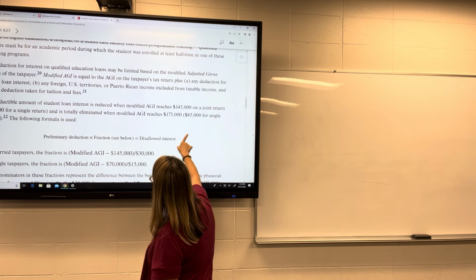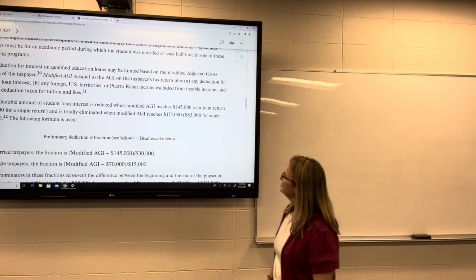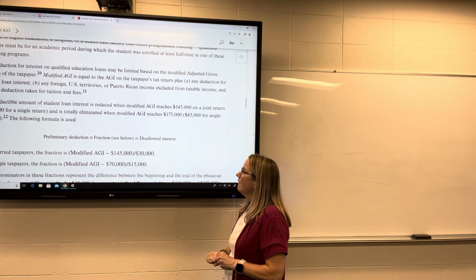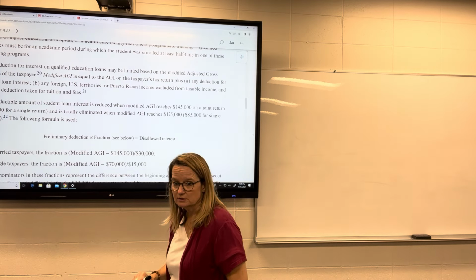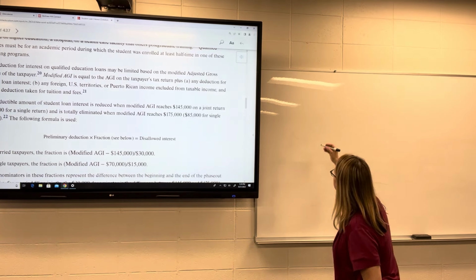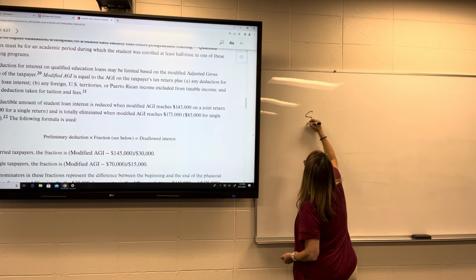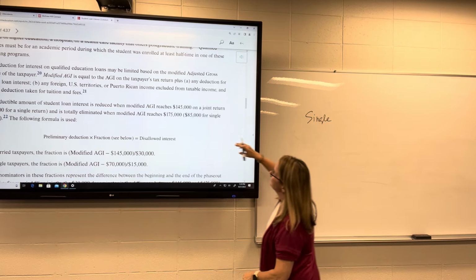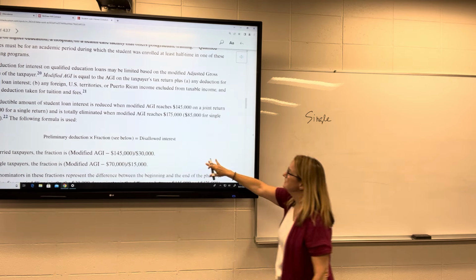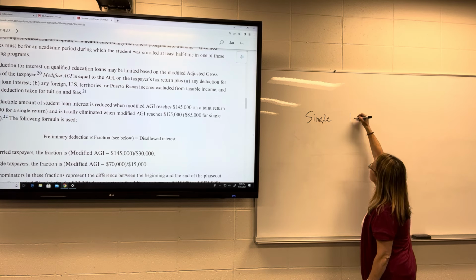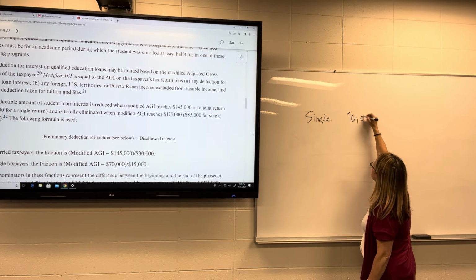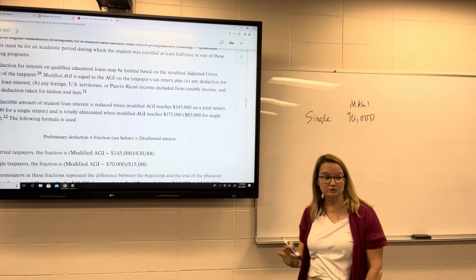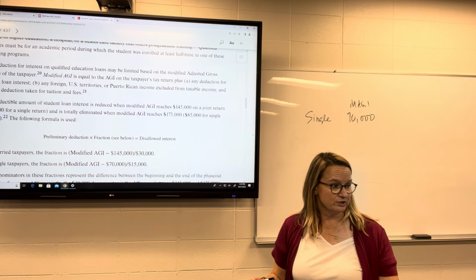So it is reduced when modified AGI reaches $145,000 on a joint return or $70,000 on a single return. I'm going to put single up here first. It starts to be phased out at the $70,000 mark, once our income reaches that point.